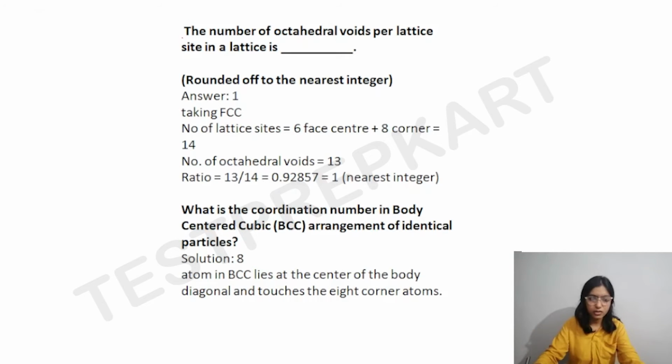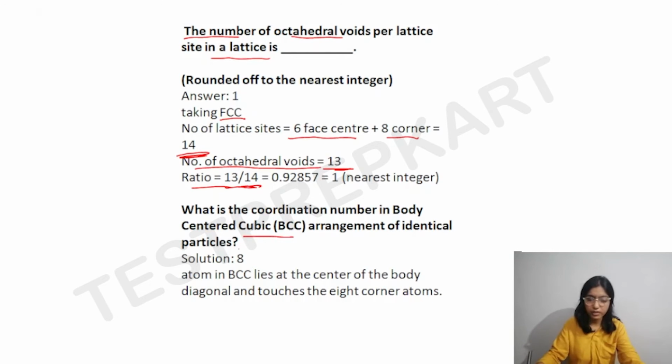So in solid state, in these 2 questions you can see: the number of octahedral voids per lattice site in a lattice. Taking FCC, number of lattice sites is 6 face centered plus 8 corners, 14, number of octahedral voids 13, and from the 13 by 4 ratio, we can get the answer. What is the coordination number in body centered cube?